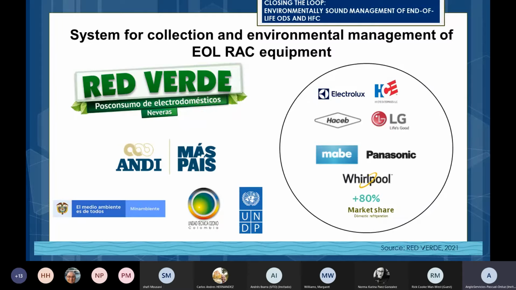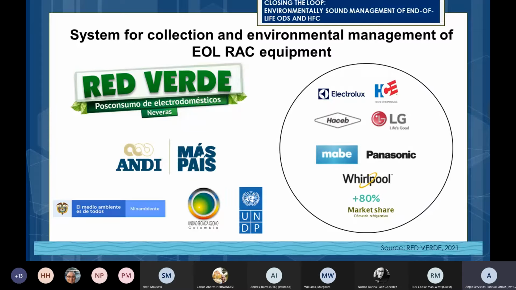We invited the Colombian Association of Business Owners, ANDI, and the companies of the domestic refrigeration sector to work together and implement a selective collection system by minimum environmentally sound management of WEEE. We started with domestic refrigerators and the scope has been extended to other types of equipment, for example, rack and especially air conditioning.